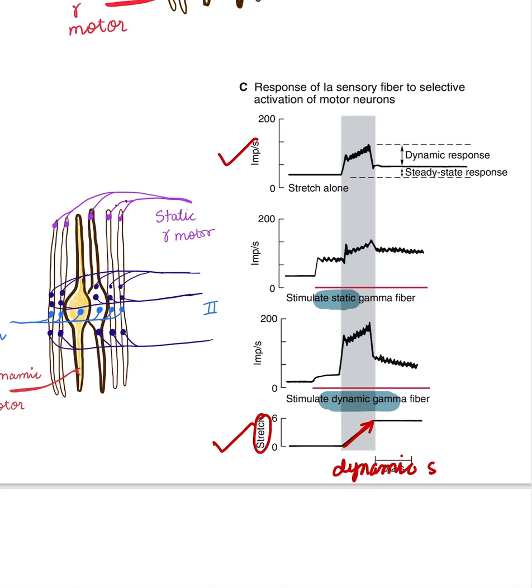But after this point, the stretch becomes static. It's there, but it's not changing. So this gray area is representing the dynamic stretch, and after this gray area, we are seeing the static stretch.